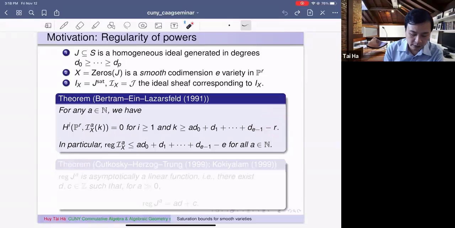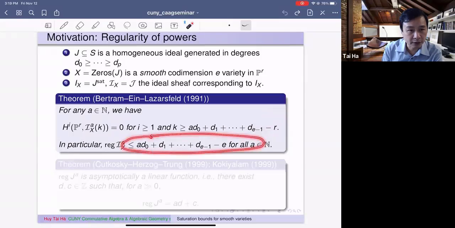Particularly, by definition, this says that the regularity of the a-th power of the ideal sheaf of X is bounded by this linear function, a times (d0 + d1 + ... + d_{e-1}) - e.